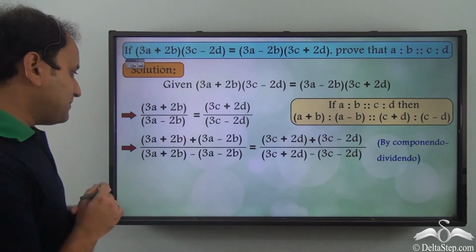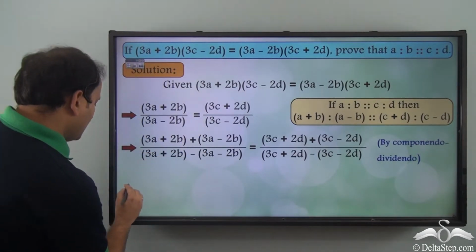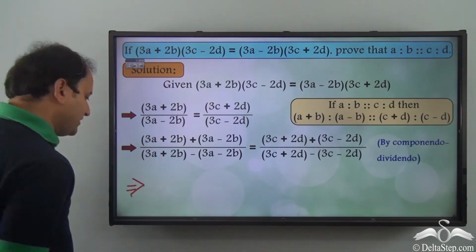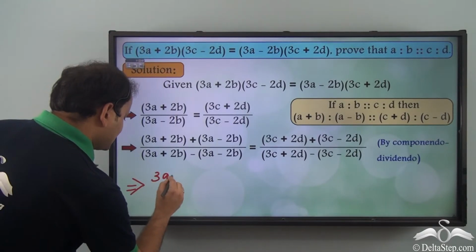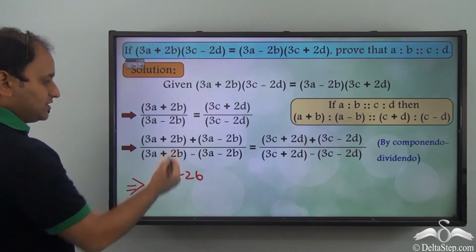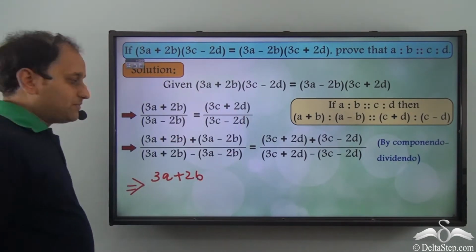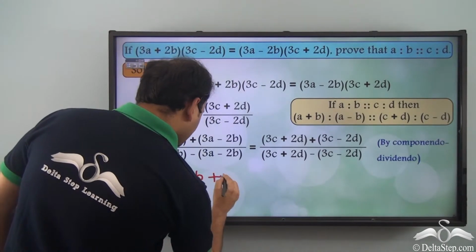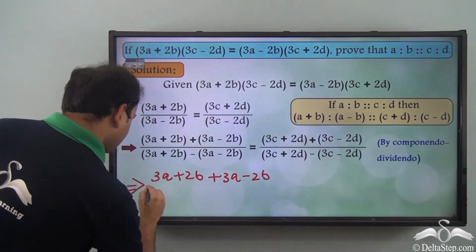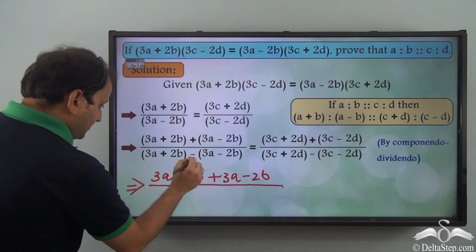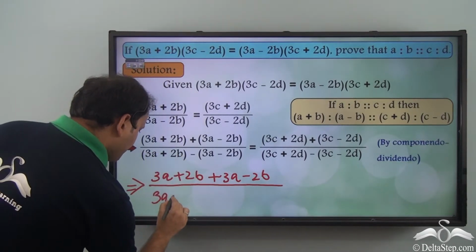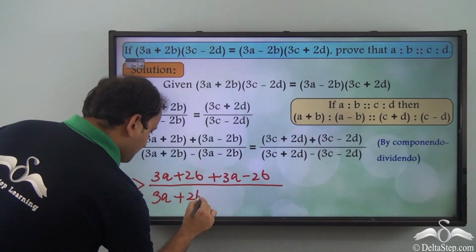Now the next step is to simplify this. So we remove the brackets. So this is 3a plus 2b, which can be written directly as 3a plus 2b. We have a plus symbol, so nothing will change even if we open the brackets. So we can write it as plus 3a minus 2b by, again here this bracket can be opened without a problem, 3a plus 2b.